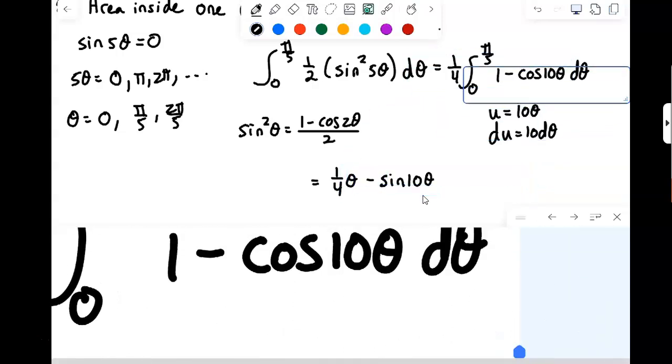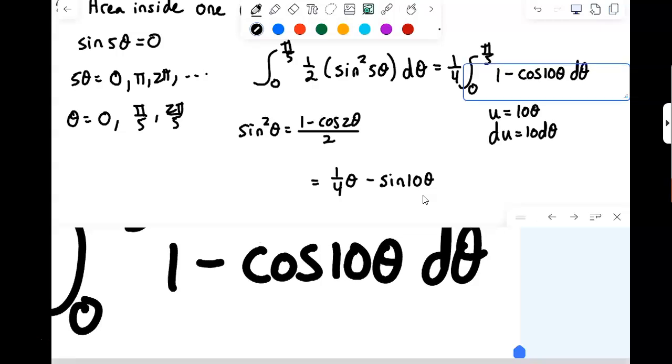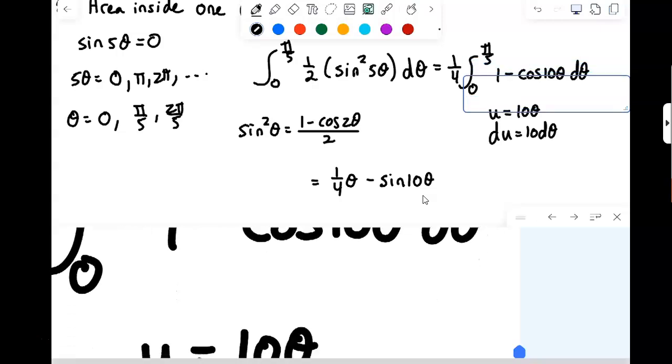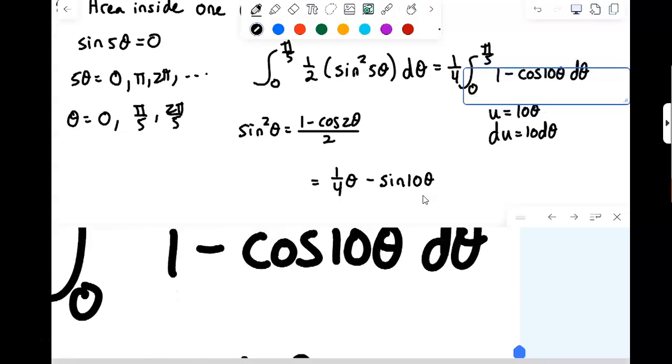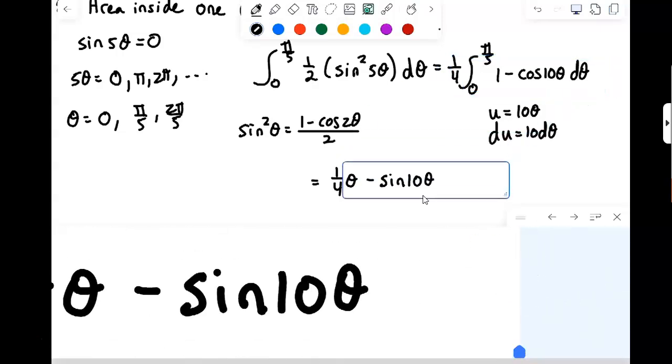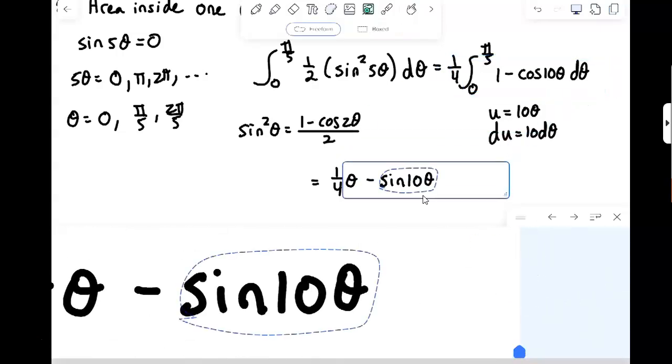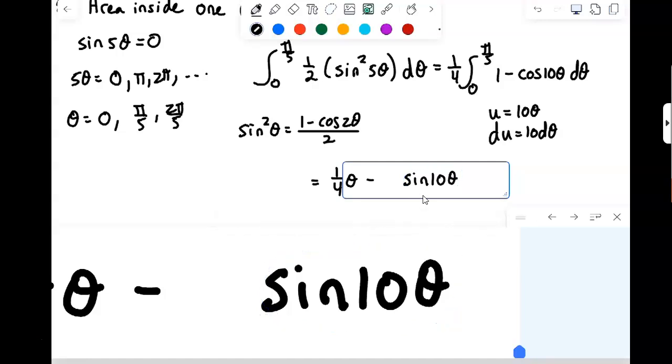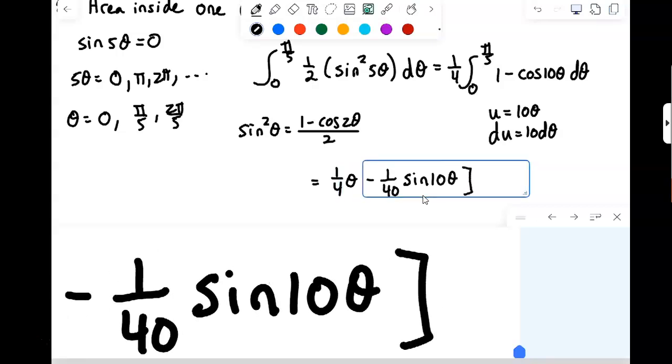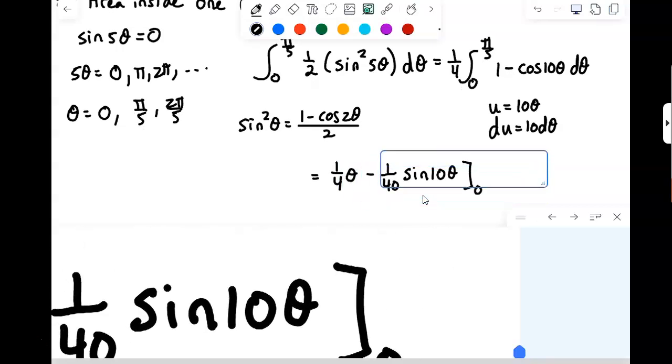And I'll have the 1/4, but I needed to account for the 10, so I put a 10 with the d theta so the substitution can carry through. I'd have to divide by it on the outside. So that's actually going to be minus 1/40th sine of 10 theta. And then we evaluate that between 0 and pi over 5.